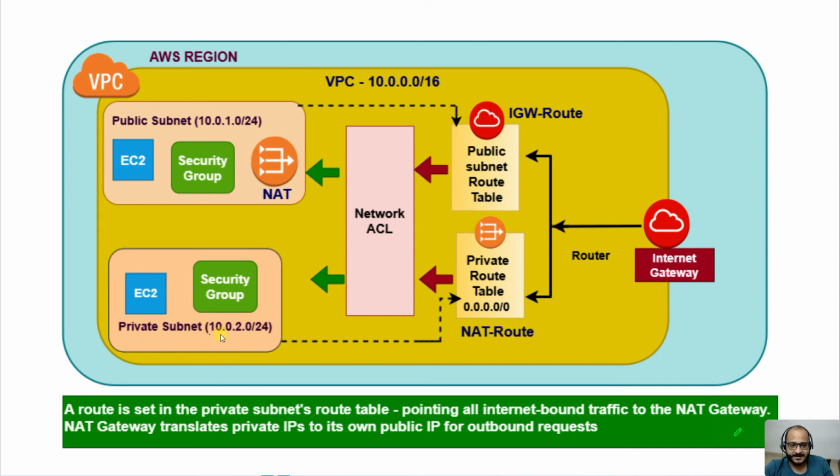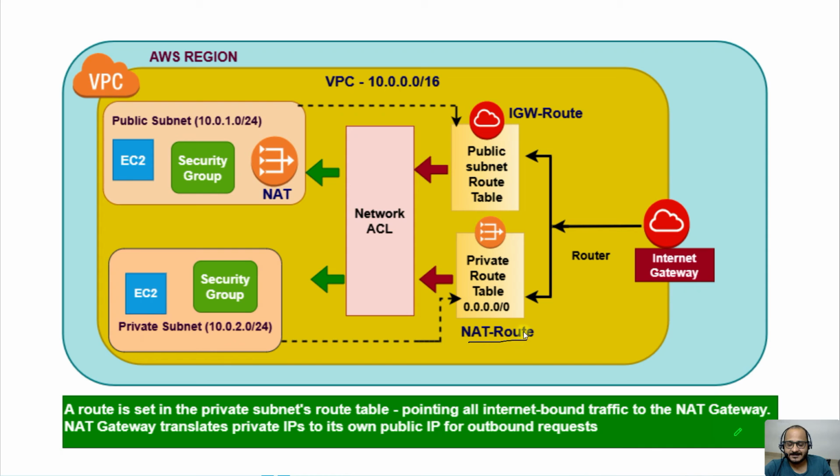When the request goes from this private subnet, it goes to the private subnet route table where we have defined the NAT route for internet-bound traffic. For internet-bound traffic, we have to add a rule from 0.0.0.0/0 to the NAT gateway which we created.